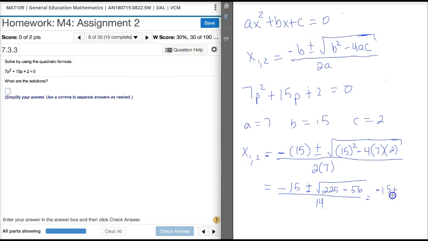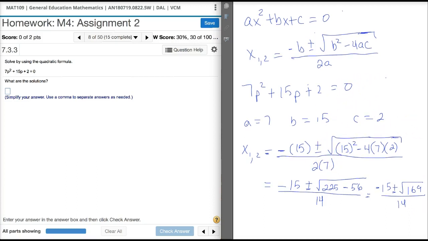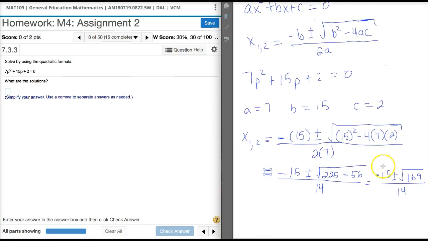If we do 225 minus 56, we get 169, all over 14. If we take the square root of 169, that gives us 13.